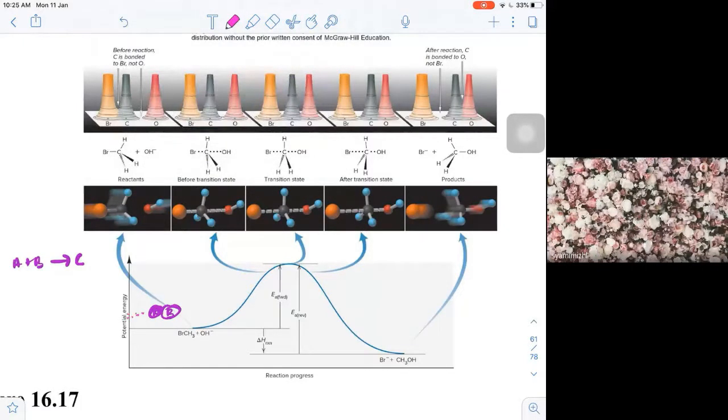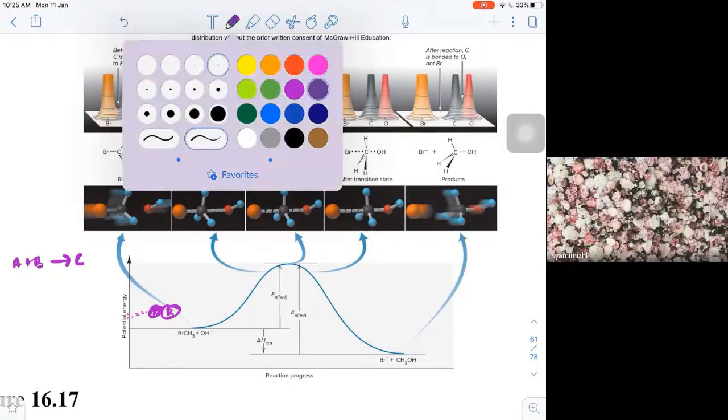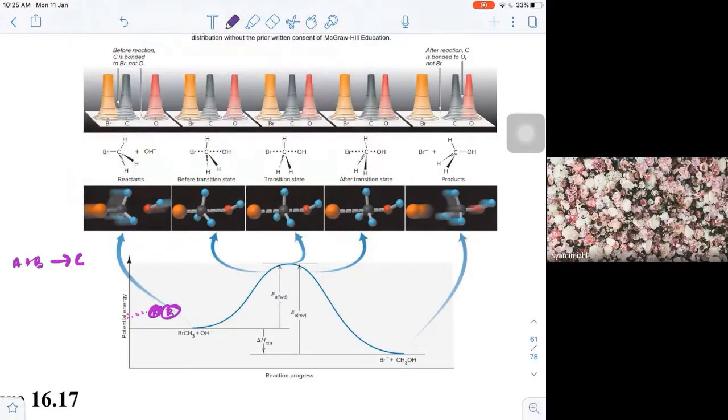Okay, look at the graph. This is the potential energy versus reaction progress. And then the second set of collision, when their energy is here, A and B. And then the third set of collision, this is their energy. And then the fourth set, this is their energy.